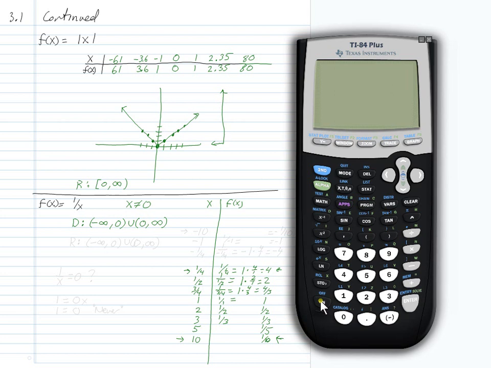If I go in the negative direction, if I plug in -1/4, 1 over -1/4 would look pretty much the same, except it would be negative 1 times 4 over 1, so -4. 1 over -1 would give me -1. 1 over -10 would give me -1/10.